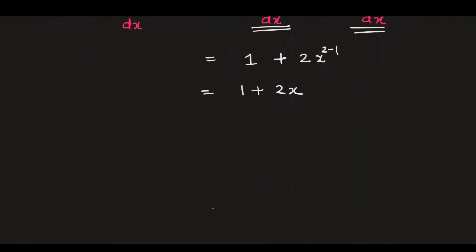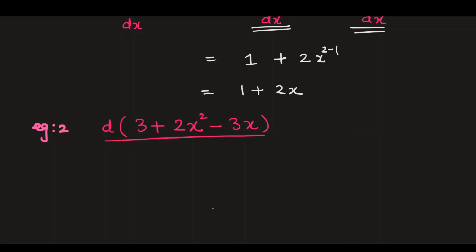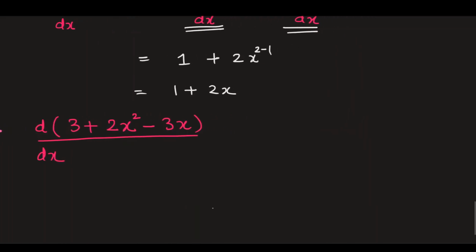Now let us take another example, example 2, which says that we have to find d of 3 plus 2x square minus 3x upon dx. So instead of two functions f and g, we now have three functions, namely 3, 2x square, and another function 3x.